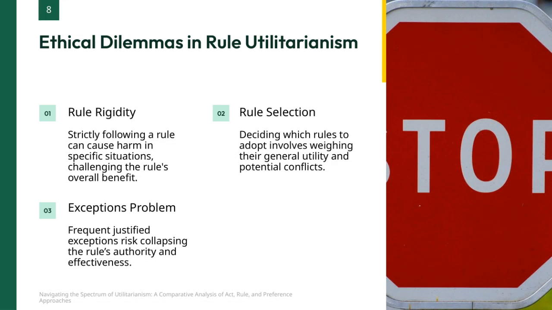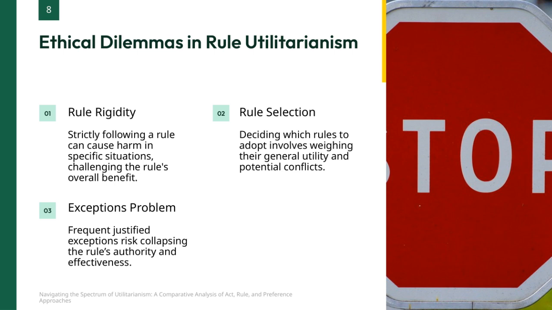Here we're looking at some key ethical dilemmas in rule utilitarianism. First, under rule rigidity, we see that strictly following a rule without flexibility can actually cause harm in certain situations, which challenges whether the rule truly benefits everyone as intended. Moving to rule selection, there's the challenge of deciding which rules to implement. This requires carefully balancing their overall usefulness with the potential conflicts they may create in real-world scenarios.